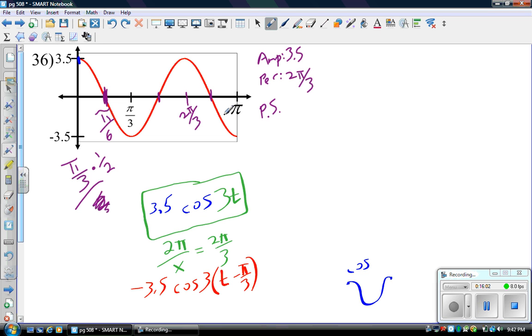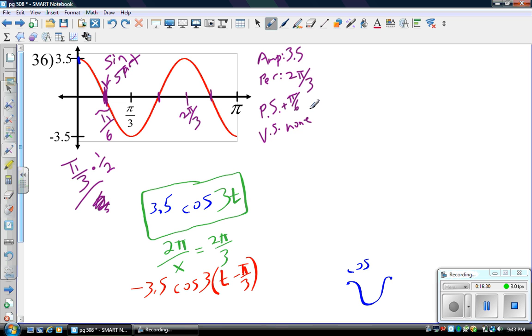So now every single increment is 1/6 more. Okay, so since I decided this is my sine start right here, then that means it's a phase shift to the right of pi over 6. So positive pi over 6, however you want to illustrate that. Again, still no vertical shift. So everything was exactly the same as what was the cosine, except the phase shift changes.